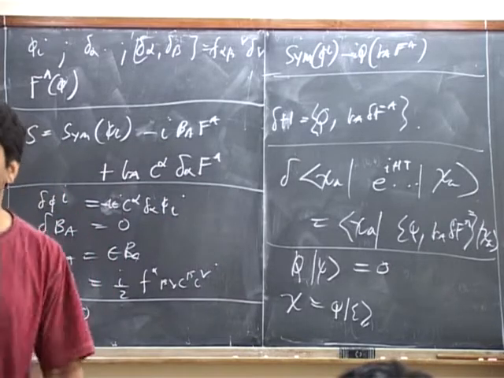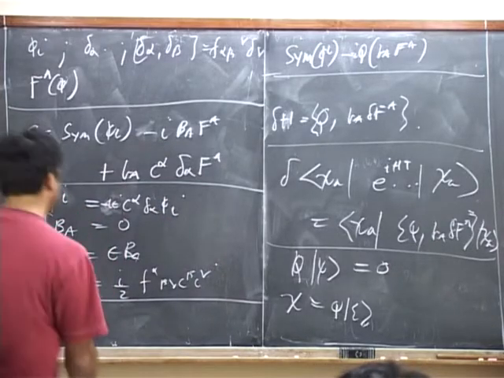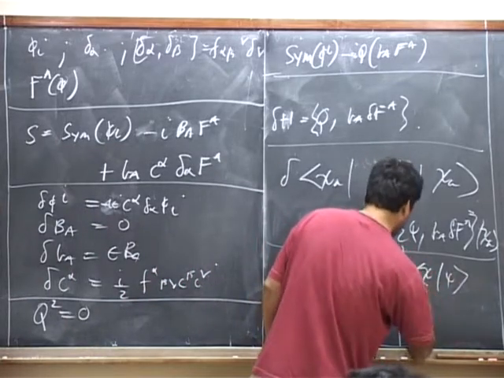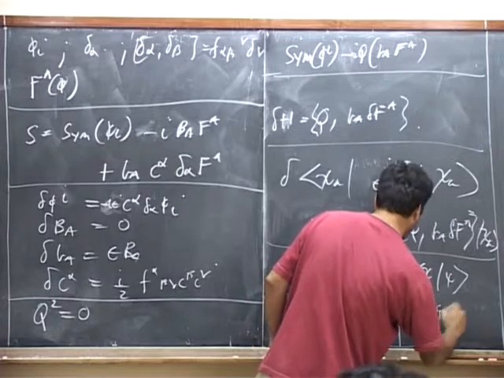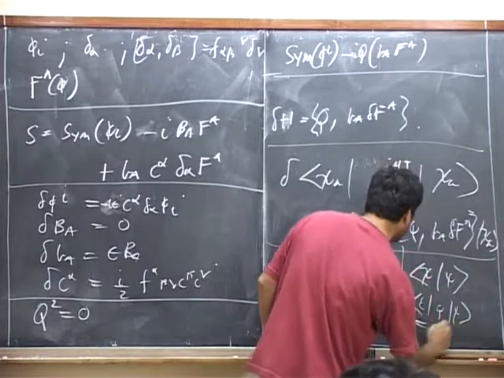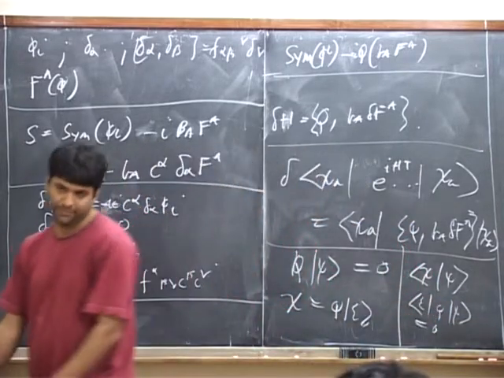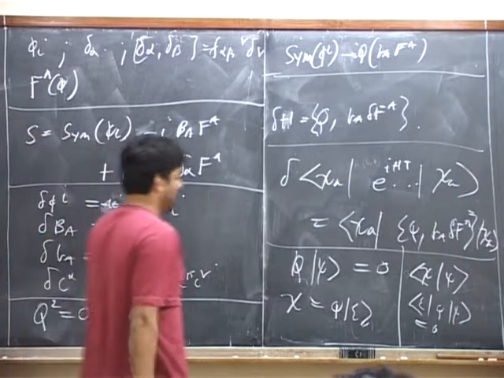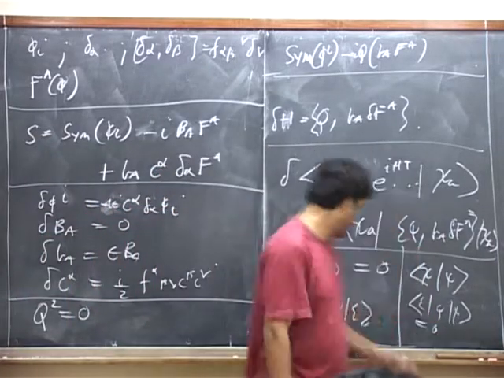Then the inner product of chi with any physical state psi, which is the same thing as zeta Q psi, was equal to 0 as long as psi was physical, because Q annihilates psi, and Q is Hermitian.